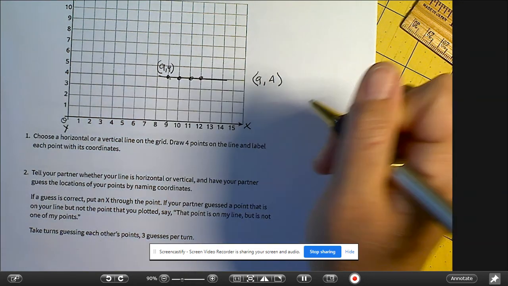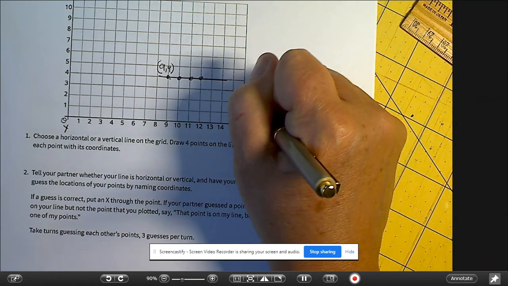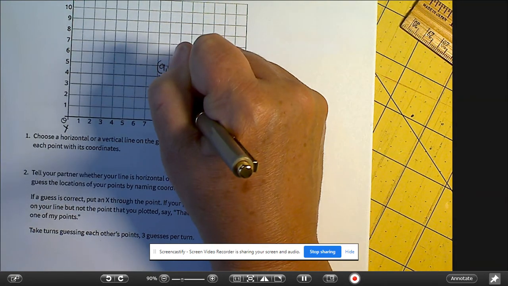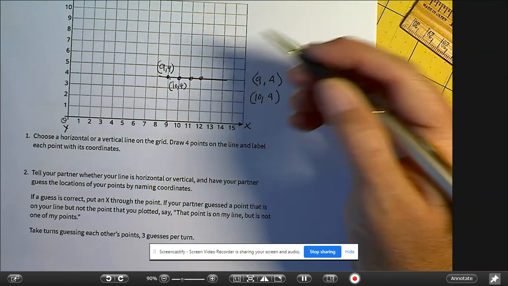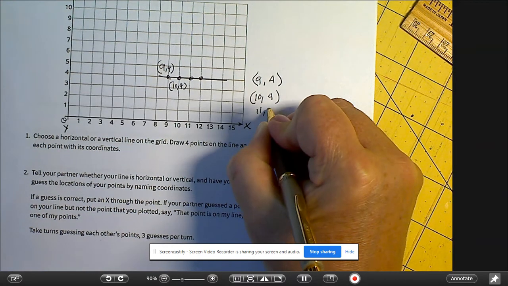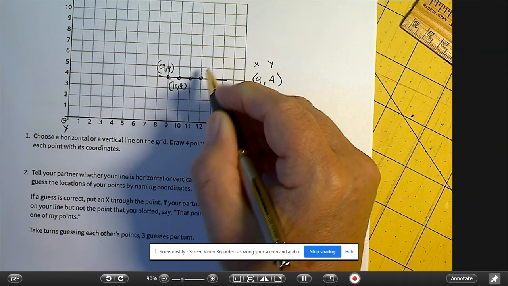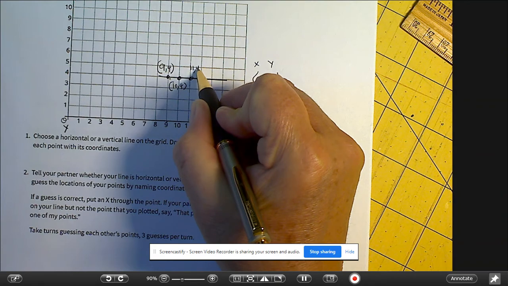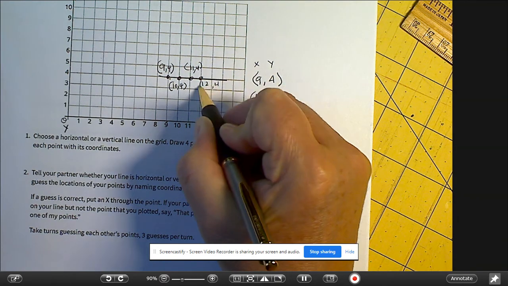This one is 10, comma, 4, and it's in parentheses. And then this one is 11, comma, 4. Remember, this is X, this is Y. And this one would be 12, comma, 4.